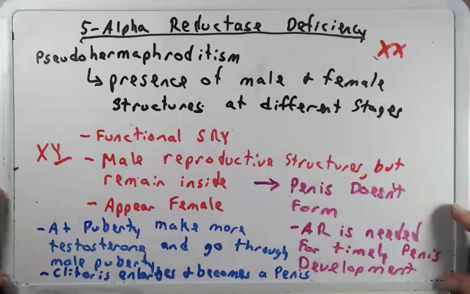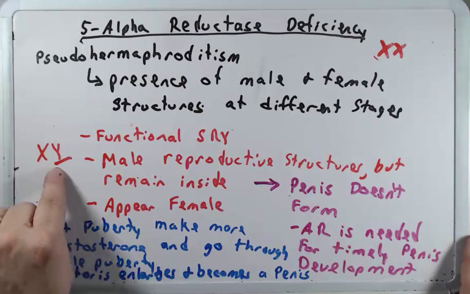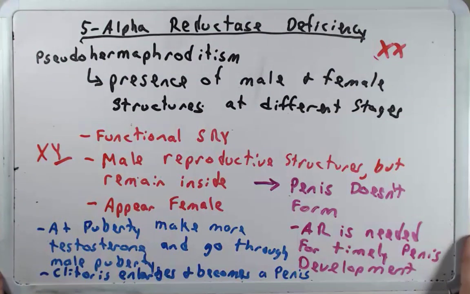Now, how these individuals are treated in society often depends upon where they live. Your book describes this story from the Dominican Republic, where in the 1970s there were 22 XY individuals born with this deficiency. And they were raised as girls, but at puberty they became their sons. From the story, it appears that the parents didn't really have a negative reaction to this.